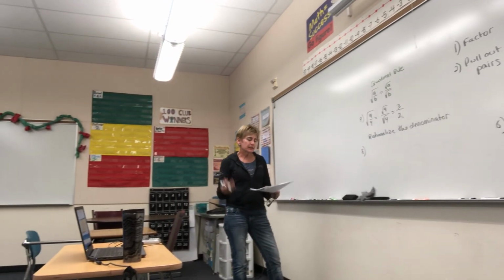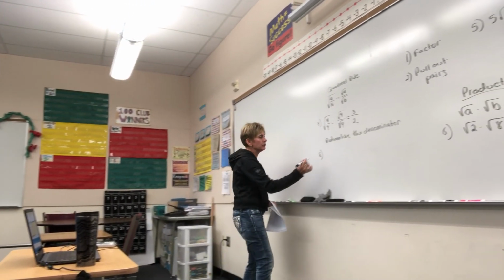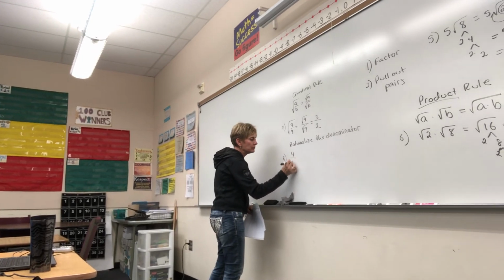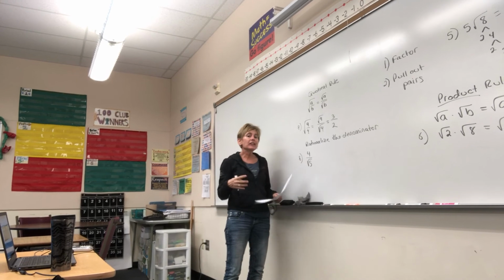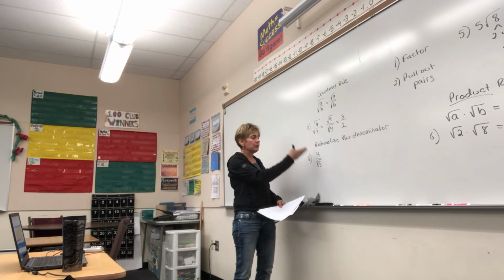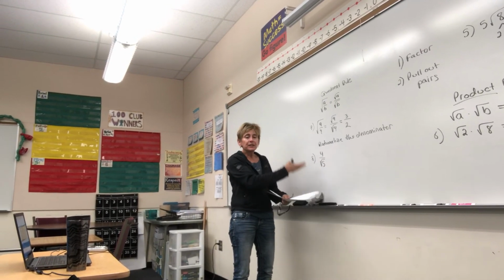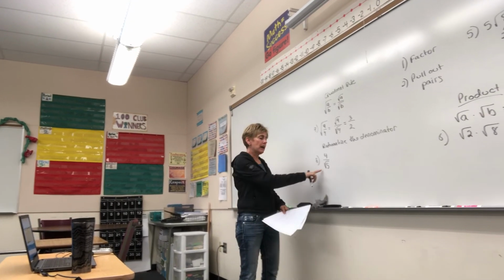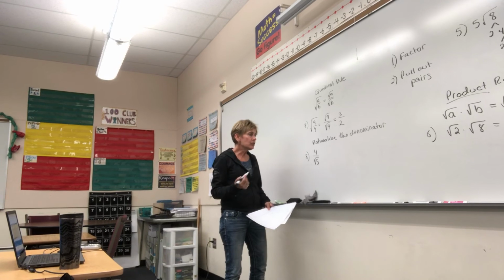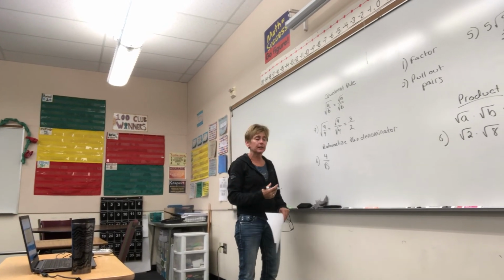But rationalize the denominator is something that you need to do when you have a problem that you're supposed to simplify and there's a radical sign on the bottom. We're not allowed to leave that there. So even though you think to yourself, well, there's nothing to factor, there's no pairs to pull out, we're still not done because that radical's on the bottom. So we rationalize the denominator to get rid of it.